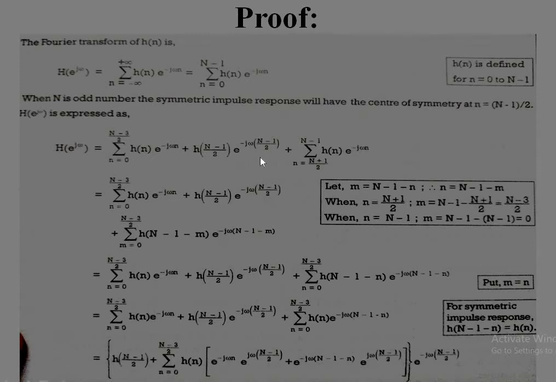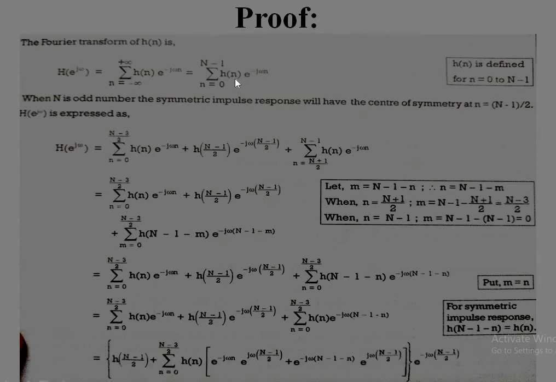Therefore, writing that sample, h of (n minus 1)/2 into e power minus j omega (n minus 1)/2, plus sigma n equals (n plus 1)/2 to n minus 1 h of n into e power minus j omega n. This particular impulse response is split based upon the symmetric nature of the response.